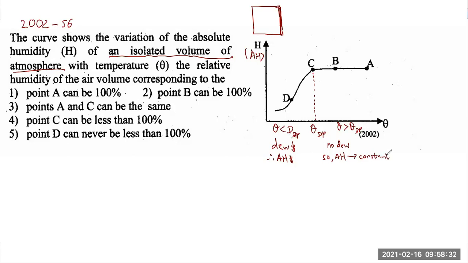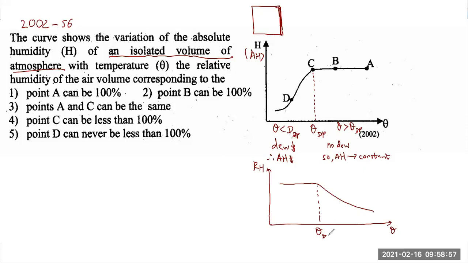Constant, right. And talking about RH, let's try to plot the RH graph for this. The exact same situation. We have discussed that also. Think about the RH graph now, RH with temperature. It will be a constant value and then it will start reducing like this. This is the graph for RH.